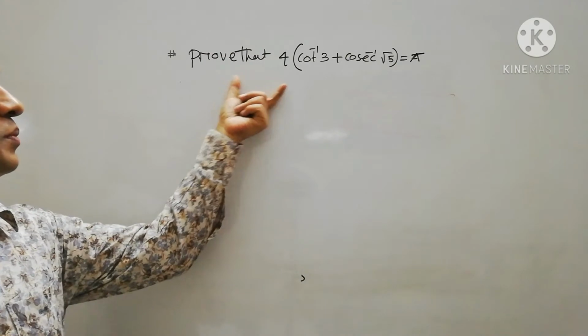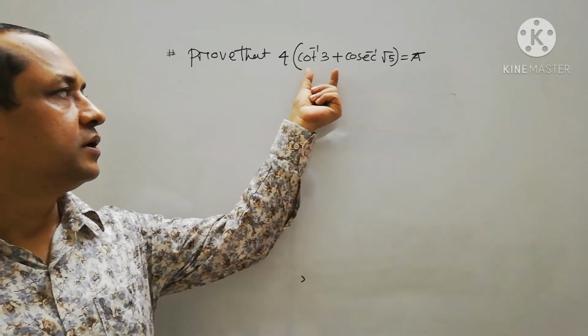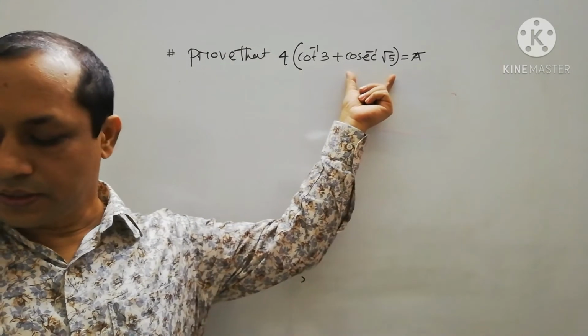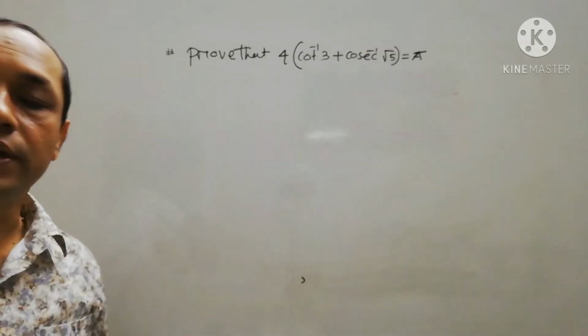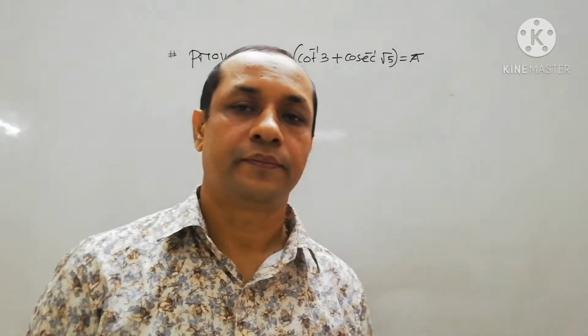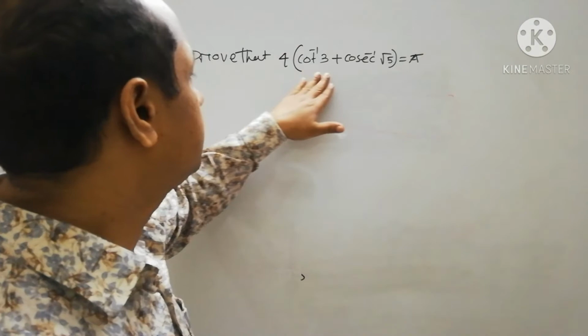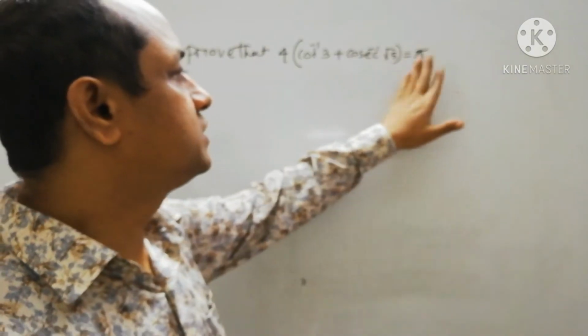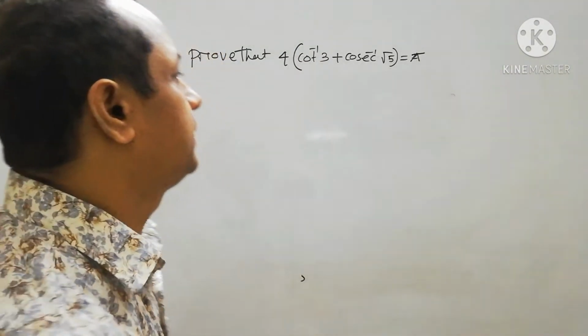Prove that, student, 4 cot inverse 3 plus cosec inverse root 5 equals pi.